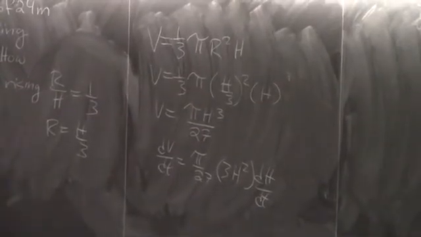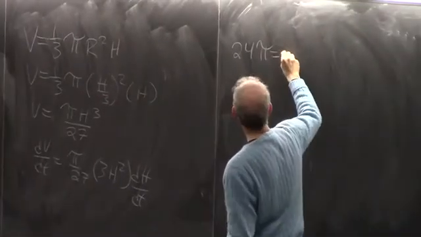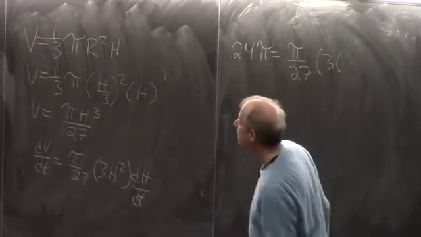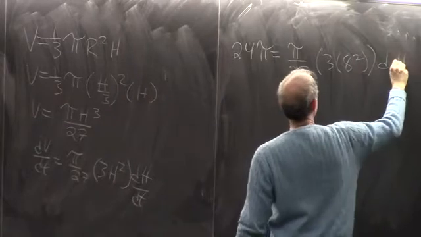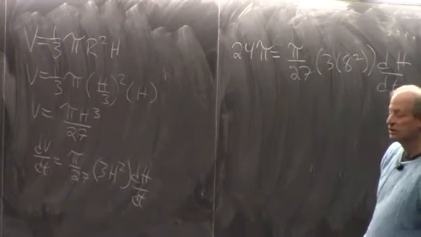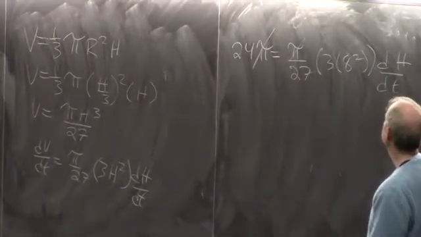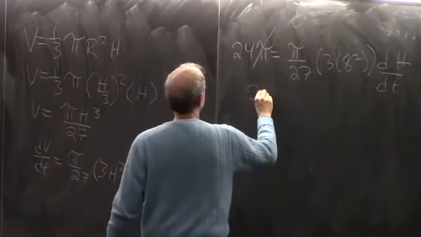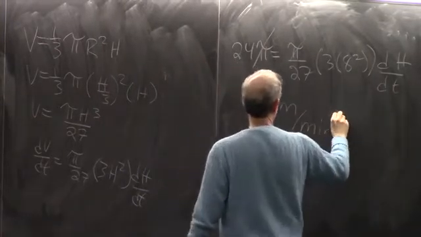So dV/dt is 24 pi equals pi over 27 times 3, h is 8, 8 squared, dh/dt. Pi's cancel. And I get 27 over 8 meters per minute.